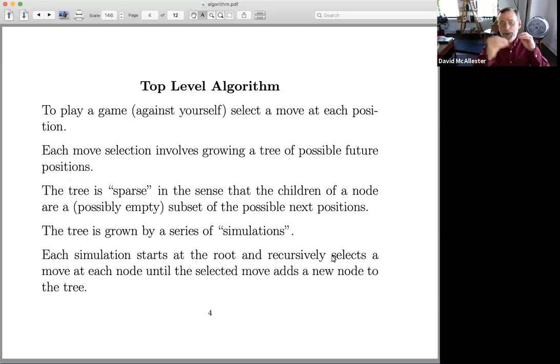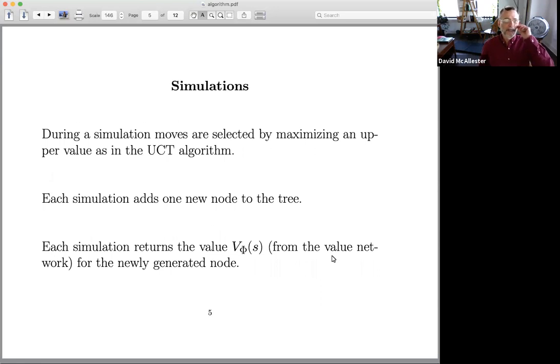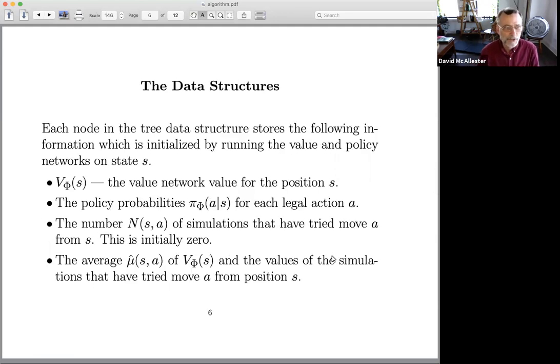A simulation starts at the root, goes down the tree until a new node is added. The process of selecting a move at each node can be viewed as an instance of the upper confidence tree algorithm. We're going to intuitively have an upper confidence value for each move at each node, and we're always selecting the move with the best upper confidence value. So it's an instance of UCT.